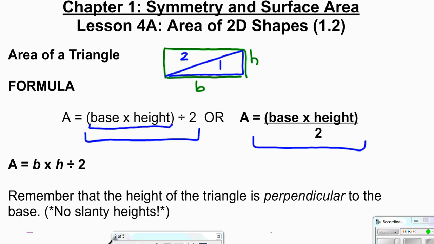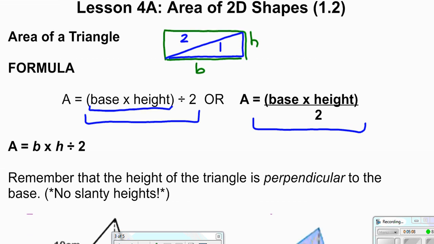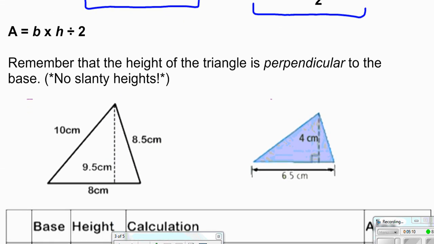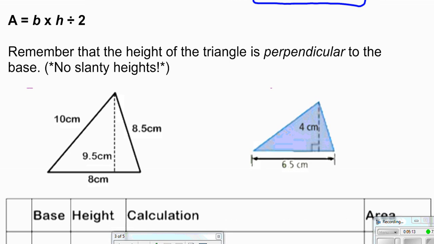Still at school. Okay. And so when we're looking at these, it's important to keep in mind that we don't use any slanty heights. When someone asks you how tall you are, you don't lean over and say, okay, now you can measure how tall I am. We always want to use the base and height that are perpendicular to each other. So they're at 90 degrees.